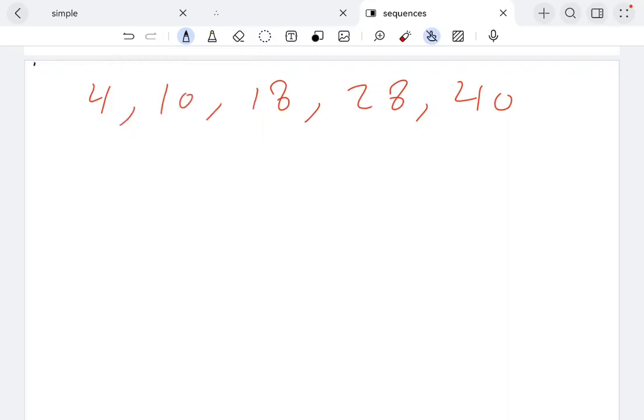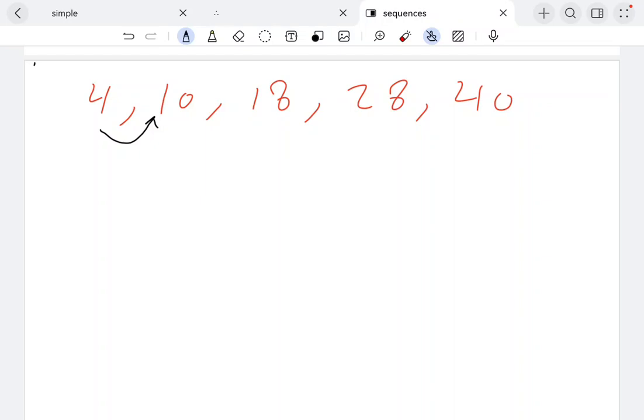Before I get the nth term, I have to identify what type of sequence this is. How do we find out? We check the difference. First difference, if it's not the same, I check the second difference. If that's not the same, I check the third difference.